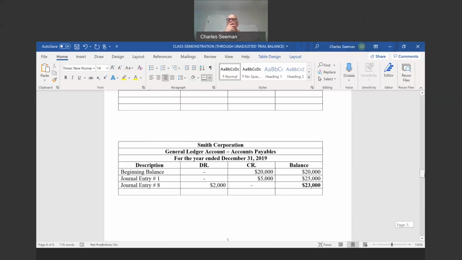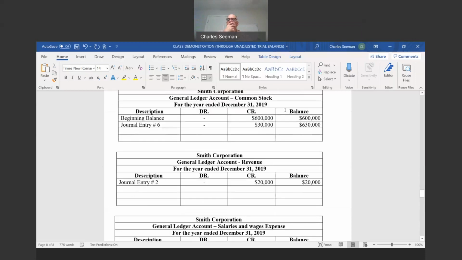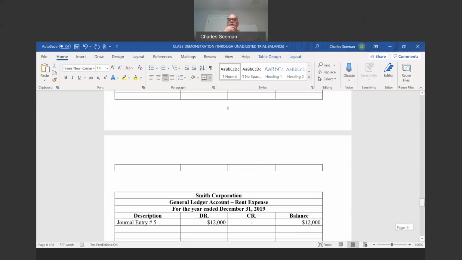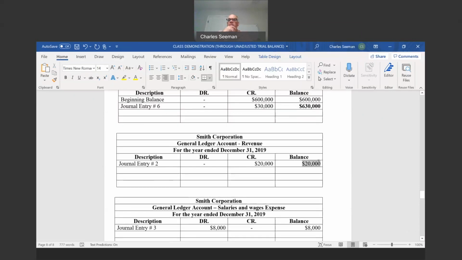Stock has a balance of 630,000. And has an account balance of 20,000.